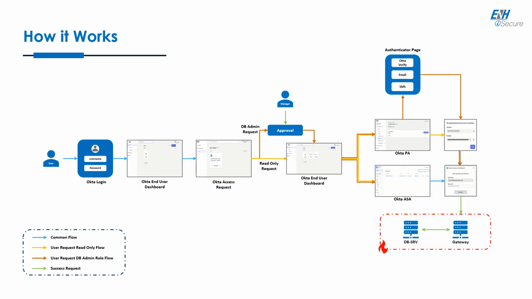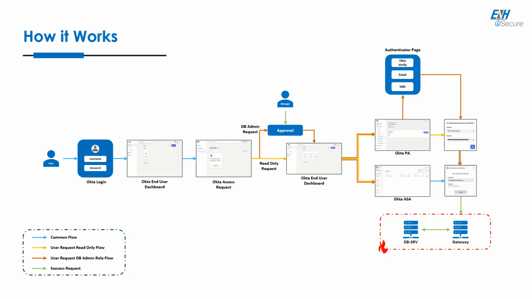These request types are tailored according to their department or designation. To request access, the user clicks Request Access and is guided through a series of questions, including the reason for access, the specific role needed, and the desired access duration. Depending on the chosen role, the next steps may differ.